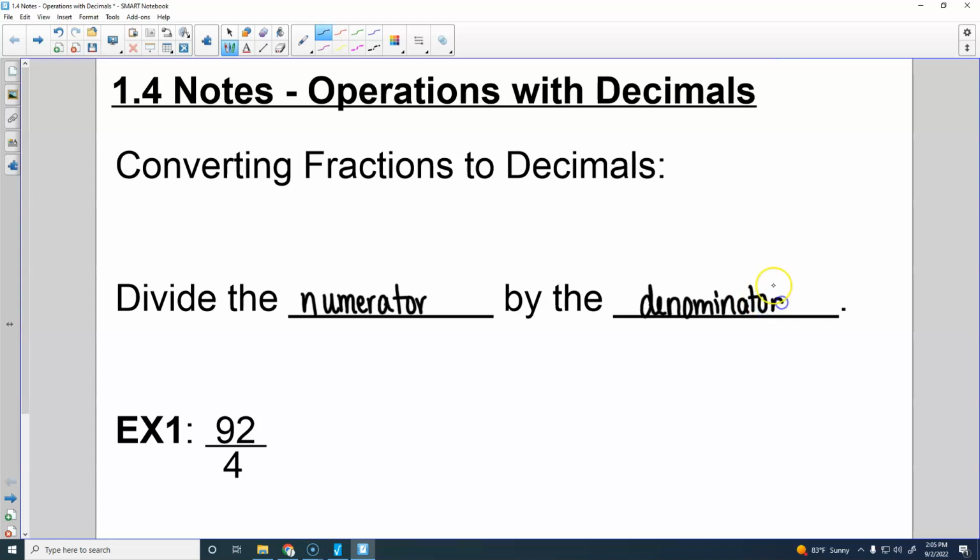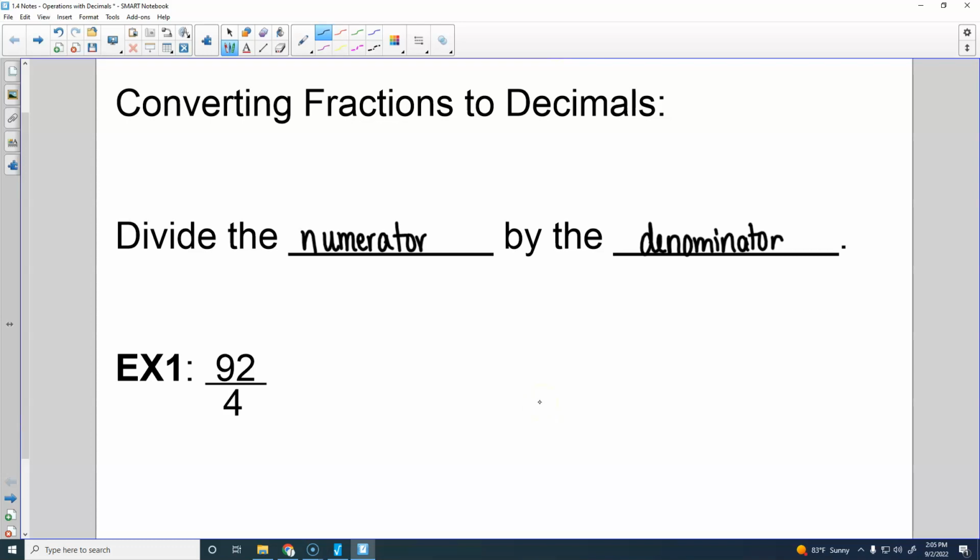So this brings back some long division that some of you may or may not remember how to do. The denominator goes on the outside. The numerator goes on the inside of your division.